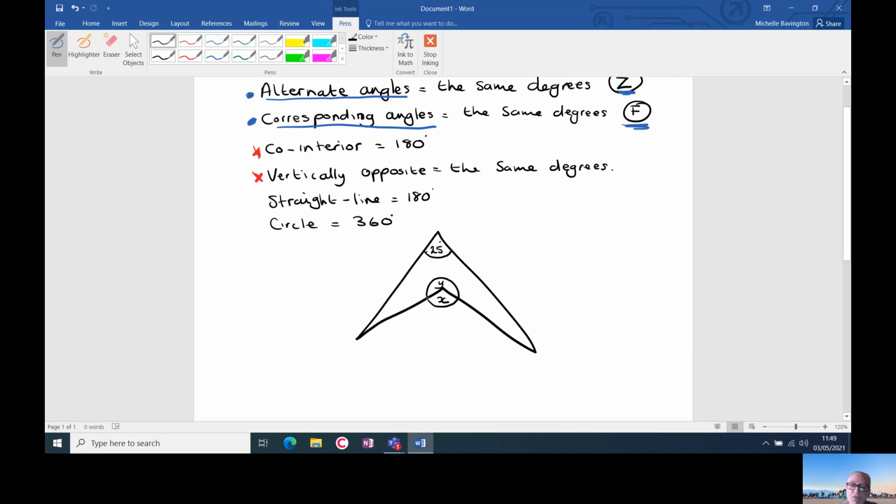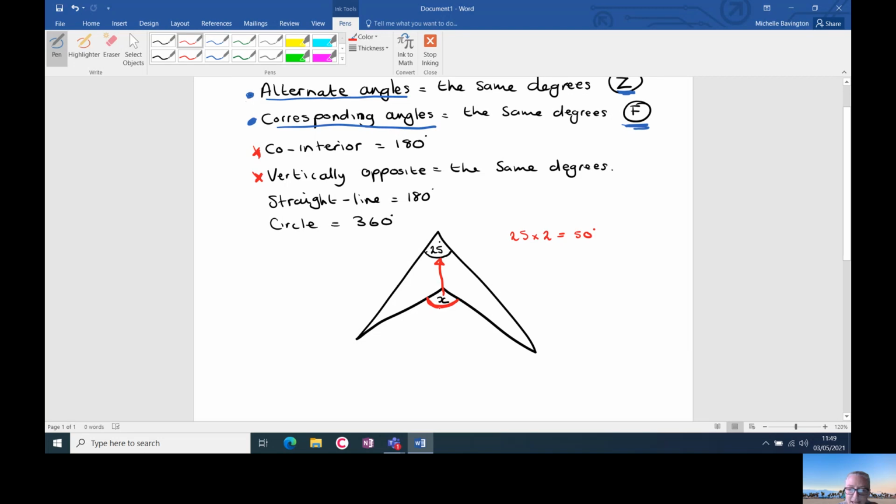When you have a reflex angle, well, this is your reflex, and then you've got this angle here. Let's just get rid of that a minute. I will put that back in a minute. When you've got an angle on the outside like that, it's always double that. So we've got 25 times 2 equals 50 degrees.